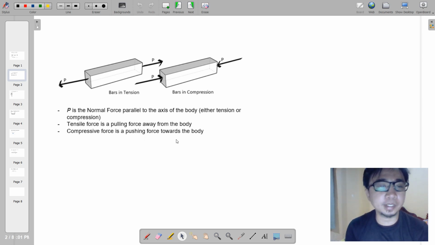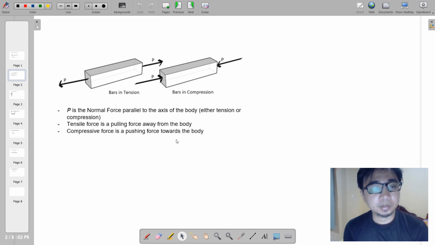Tensile force is a pulling force away from the body, and compressive force is a pushing force towards the body. So let us put into practice that when we have a tensile force, that will be denoted by a positive. Why positive? Because it is actually stretching the body, so there will be an additional length because of that stretching. But that is not good. Both tension and compression, when we reach an intolerable level, are not good, because our intention is to control the deformation, or control the elongation, or control the shortening of the member.